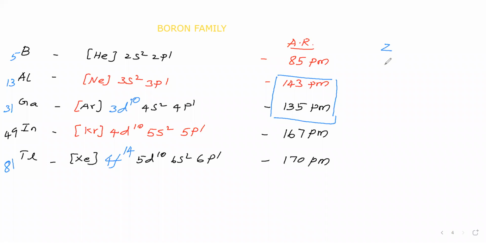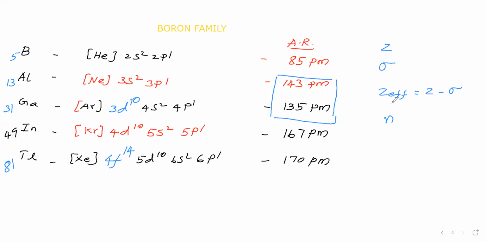The next one is screening constant, that means screening effect, which means electrons, electronic configuration. Their cumulative effect is effective nuclear charge. Effective nuclear charge is equal to nuclear charge minus screening constant. Next, number of shells, the number of shells filled with electrons.